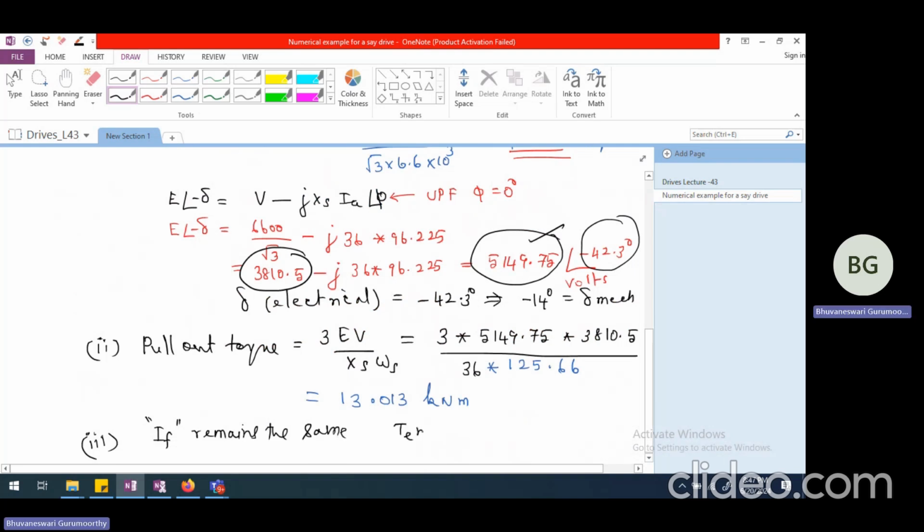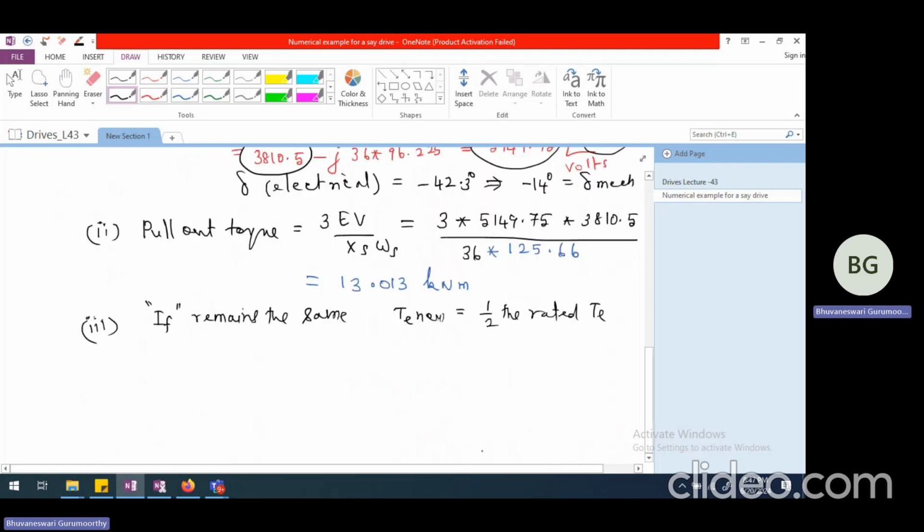Torque now is half the rated torque. That's what is given. So first thing we have to remember is we said E is proportional to IF. So if IF remains the same, E will remain the same. It cannot change.